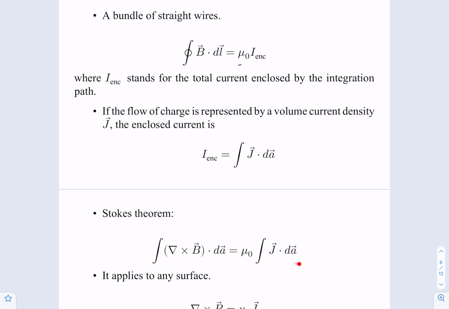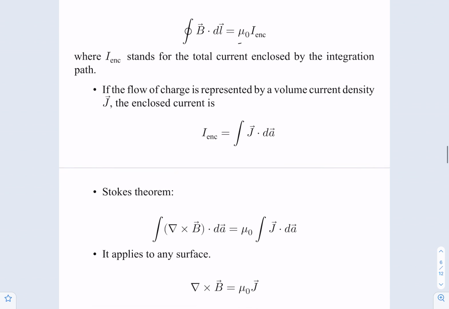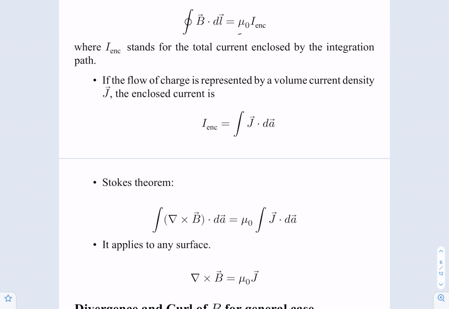So what we have here is a surface integral on the left and a surface integral on the right. Now this integral is arbitrary because it applies to any arbitrary path, so it also applies to any arbitrary surface, and the surface integral can be dropped. So what we arrive at here is that the curl of B must be equal to mu naught times J, where J is the current density.